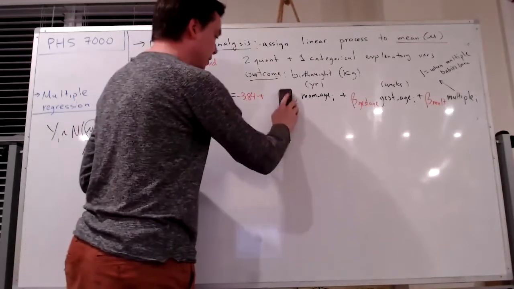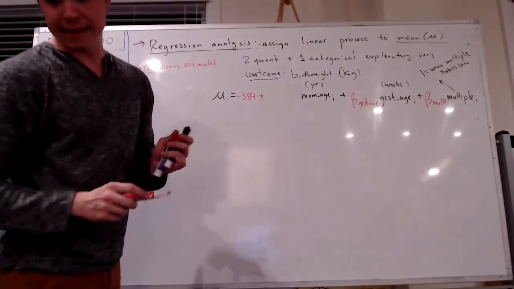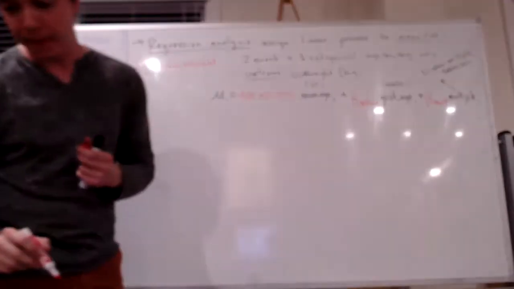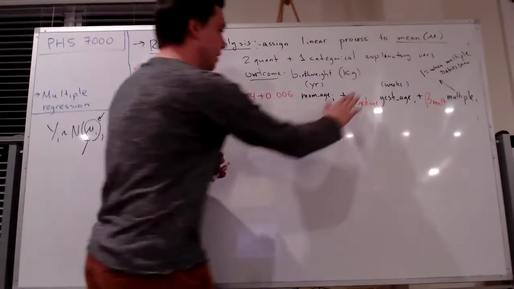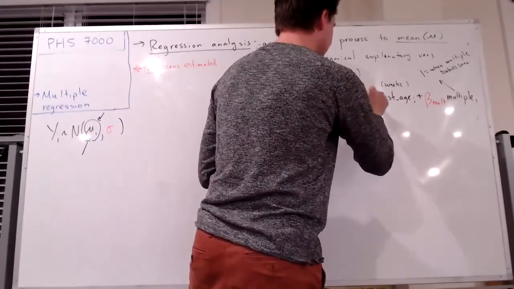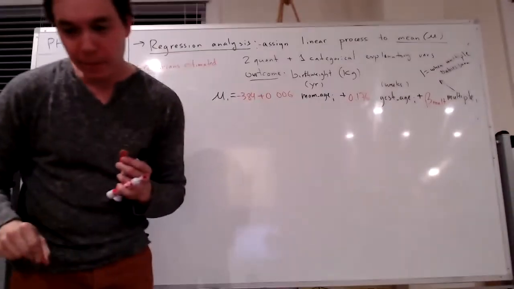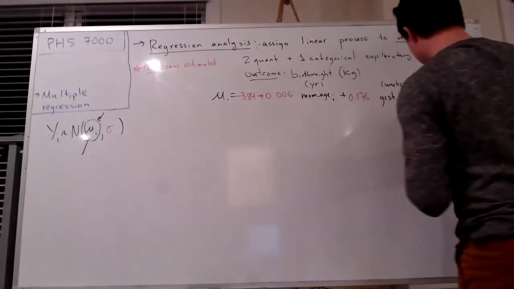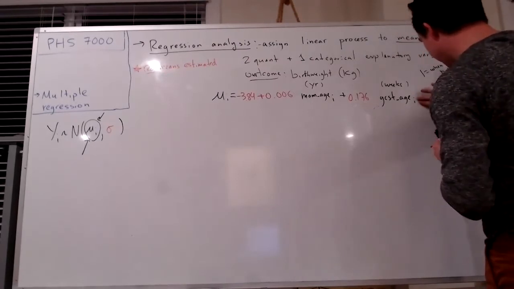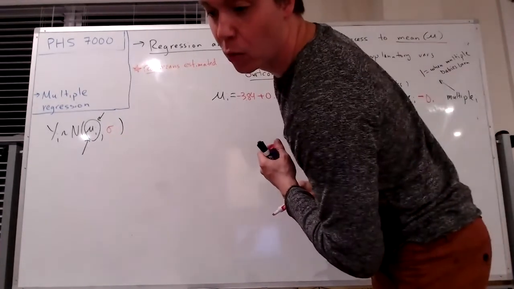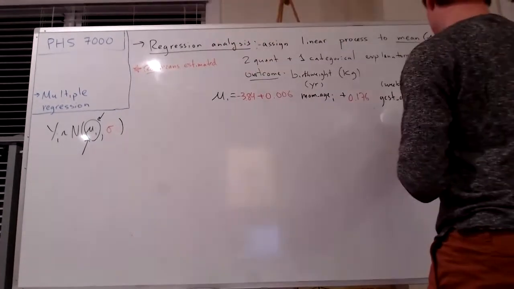Beta for maternal age is 0.006. Beta for gestational age is 0.176. And beta for multiple is, and I'll erase the plus sign because it's actually negative 0.162.